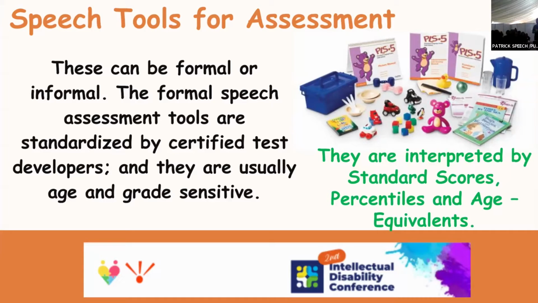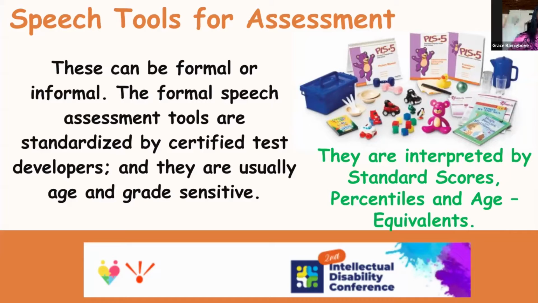The formal ones are developed by test specialists, we call them test developers. So those test developers will standardize the instrument by first testing a number of children within an age range.